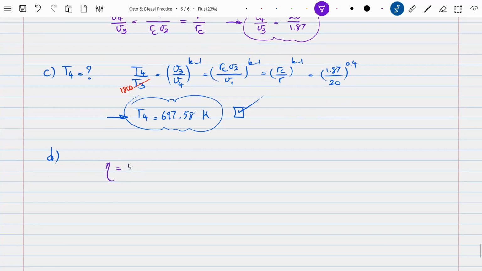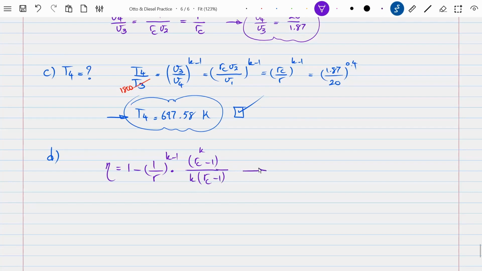The efficiency is 1 minus 1 over R raised to K minus 1. This part is the same, times, this is where the modification comes in, times cutoff ratio raised to K minus 1 divided by K times cutoff ratio minus 1.